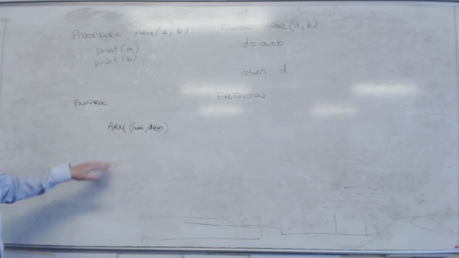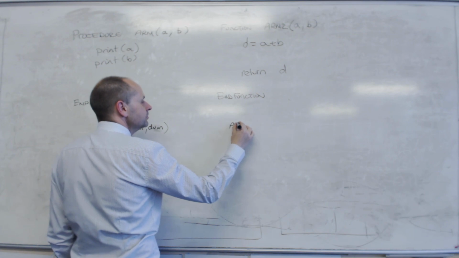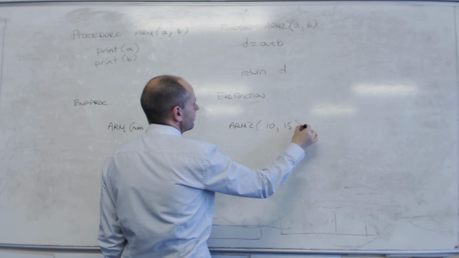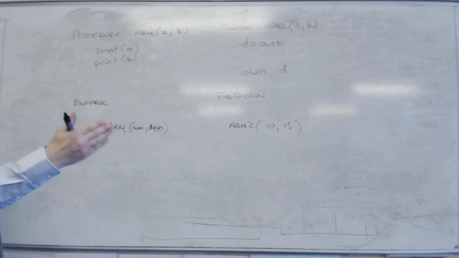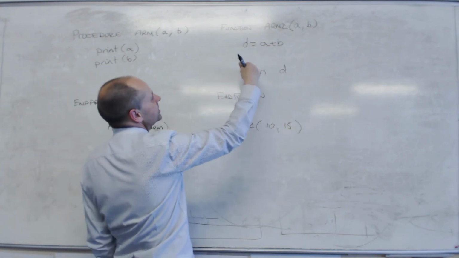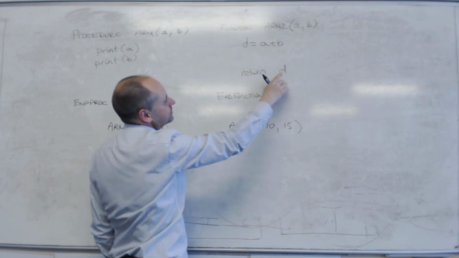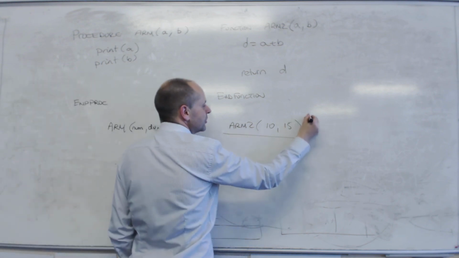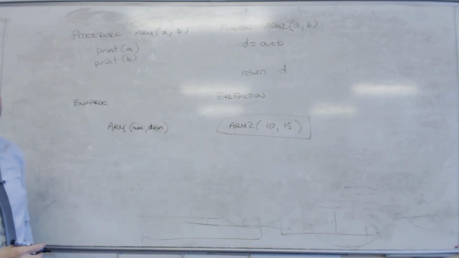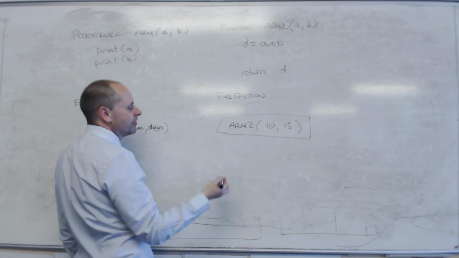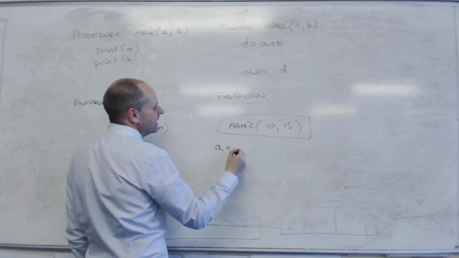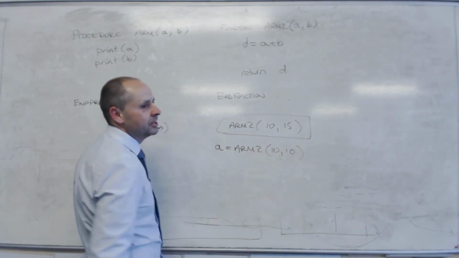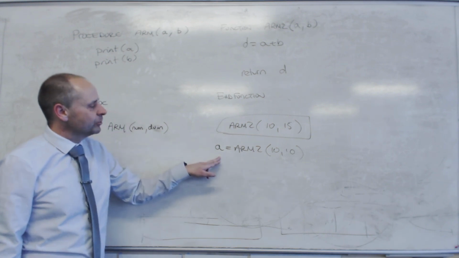The use is the same, so I can put arm2, which says run the function, and pass it some values. But in this case, this function takes 2 numbers, adds them together, and then returns the answer. If we just call the function, we're throwing away the answer. So we could do with storing it. So if we say A equals arm2 10, 10, we're going to get a result which we then store.